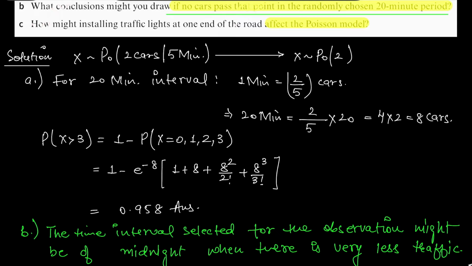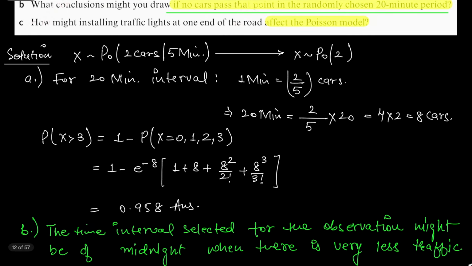Now part C says, how might installing a traffic light at one end of the road affect the Poisson distribution? If you read this particular part, it is very simple. If you put a traffic light at one end of the road, then the flow of traffic is definitely going to change. When the light turns green, there will be more cars in the given time interval, and when it is red, there will be fewer cars passing through the given point in a given space of time.